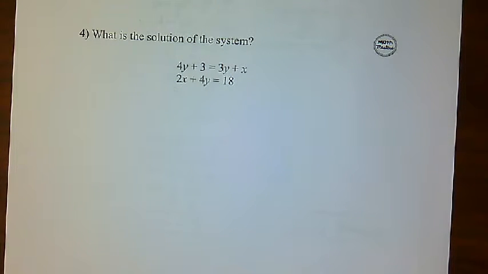All right, getting a little more complex. So again, you are looking for that coefficient of 1. So I see this x over here, and I know that I'm going to get everything else away from it. So I'm going to solve the first equation for x.